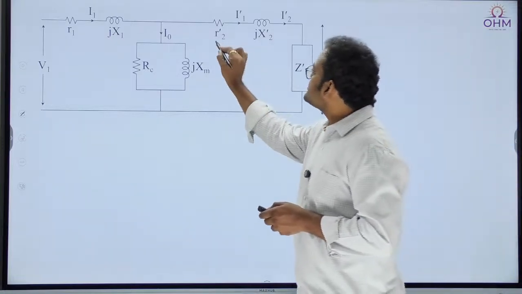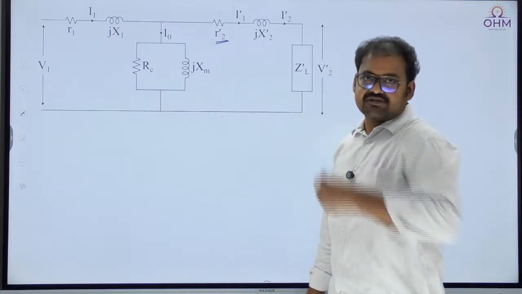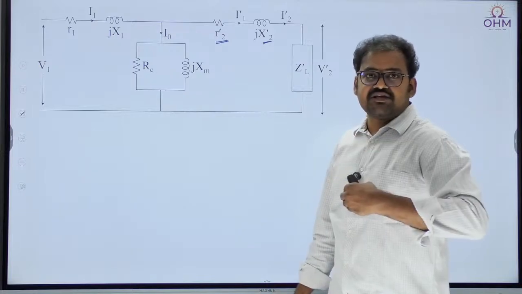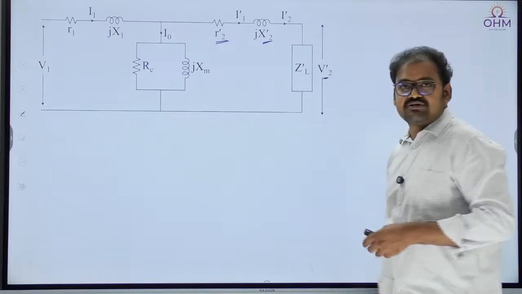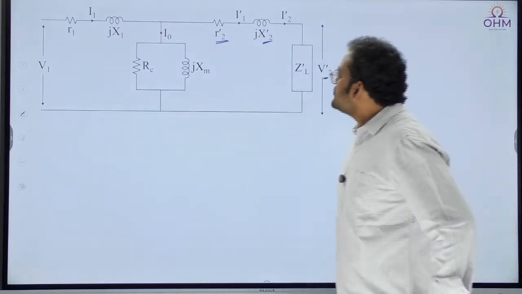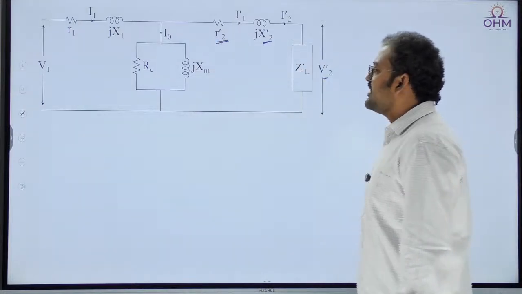Now what is R2 dash? It is the secondary winding resistance when referred to the primary side. X2 dash is the secondary winding leakage reactance when referred to the primary side. V2 dash is the load voltage referred to the primary side. Understand? These are the parameters when they are transferred to the primary side.